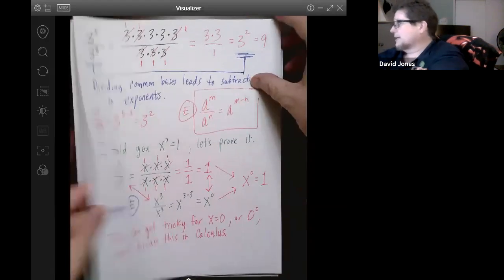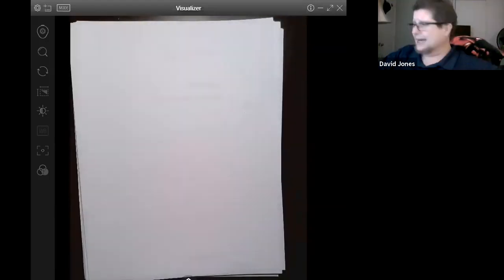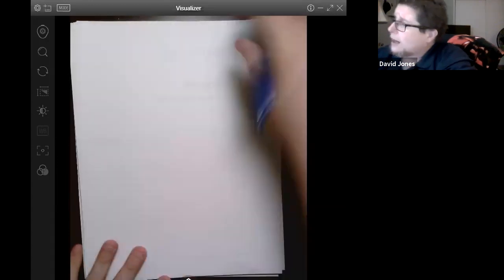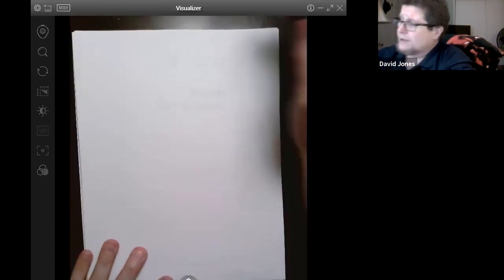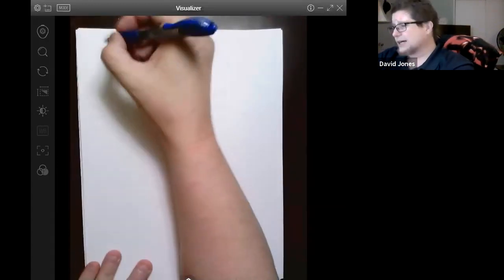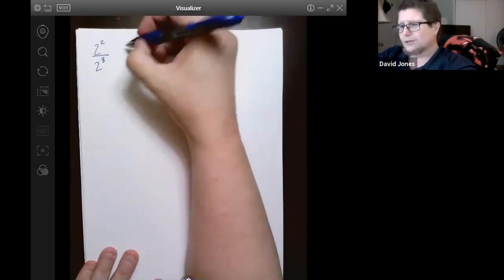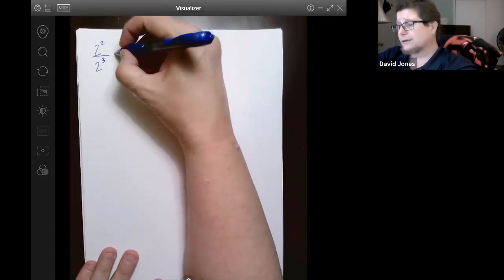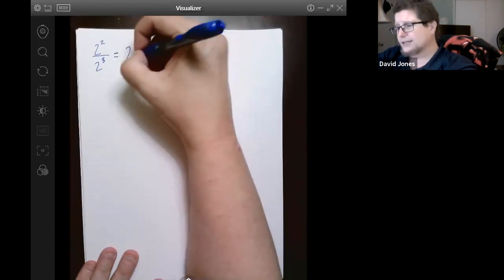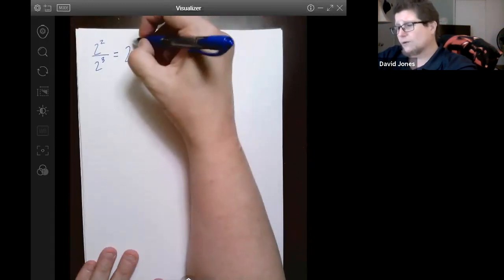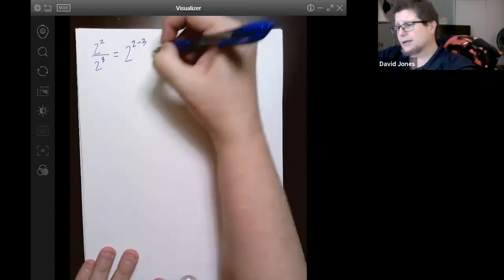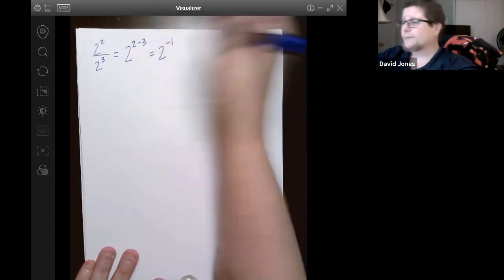Let's take a look at the next rule. Again, by example. Let's just keep the numbers simple. If I've got 2 squared and I divide by 2 cubed, we're doing the same rules as before. I could do this by subtracting exponents, and I get 2 to the negative 1.